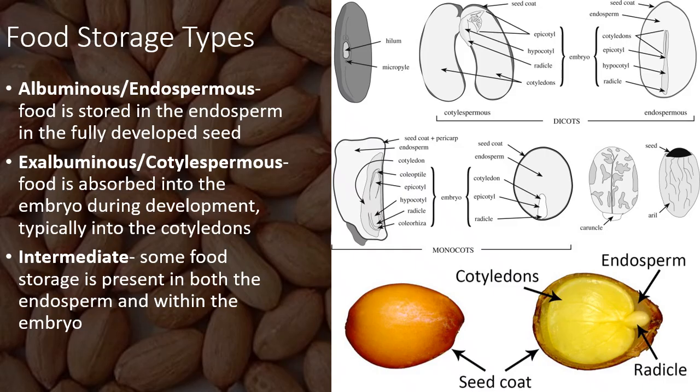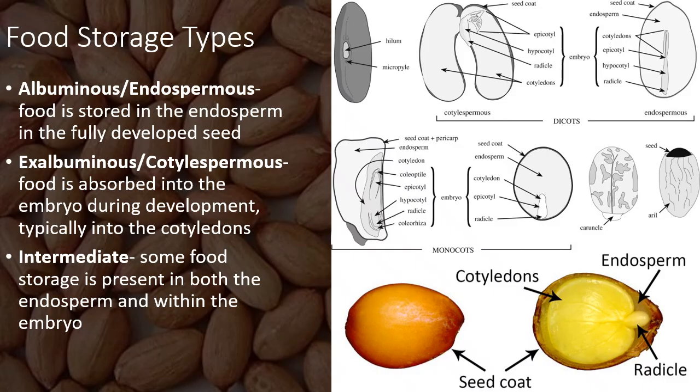In some species, however, all of the food in the endosperm is absorbed into the embryo before germination occurs. We refer to this pattern as exalbuminous seeds or cotylospermous seeds. Often what they're doing is absorbing all of the food into the embryo, especially the cotyledons or the seed leaves.